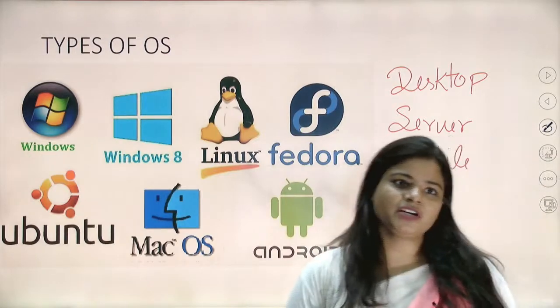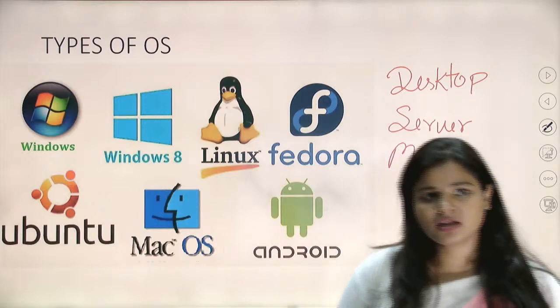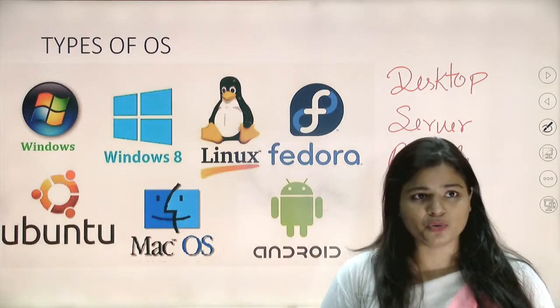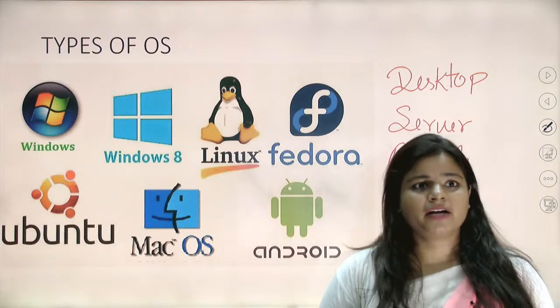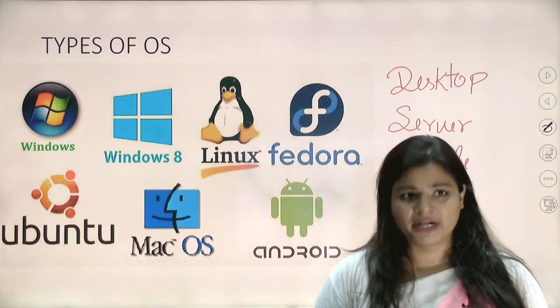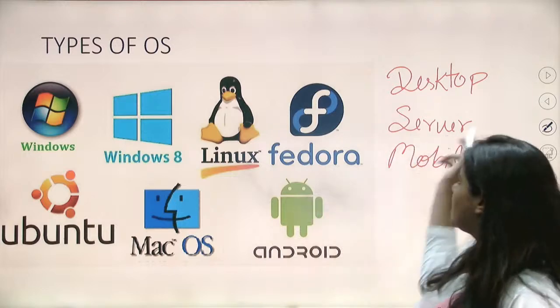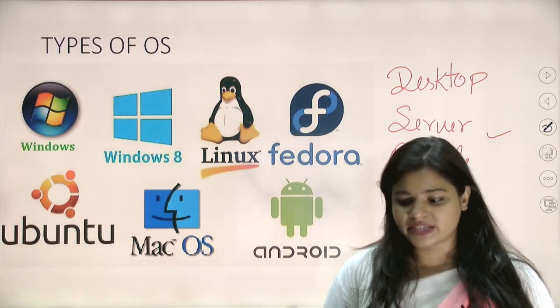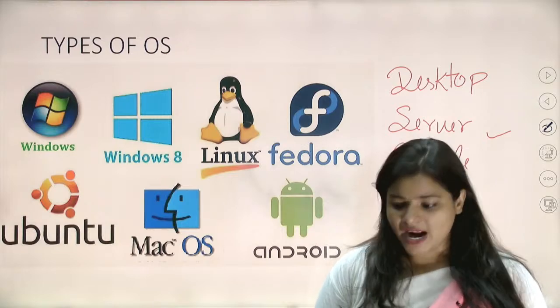If I talk about the desktop class, I have examples of desktop class as Windows, Mac OS X, Unix, Linux, Chrome operating system. In server class, I have examples like Windows Server, Mac OS X Server, Unix and Linux.